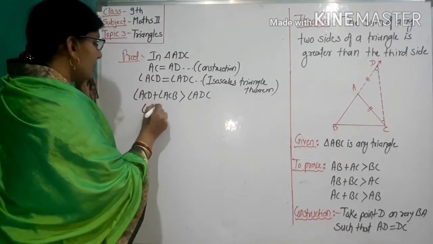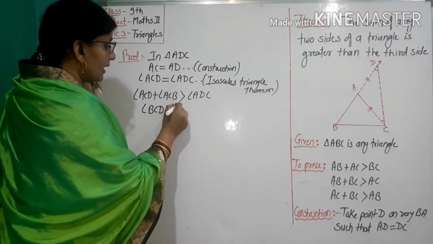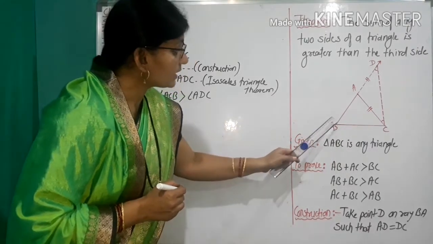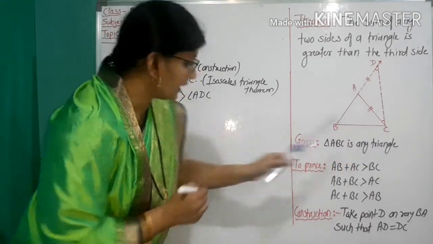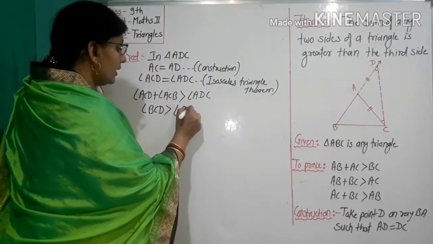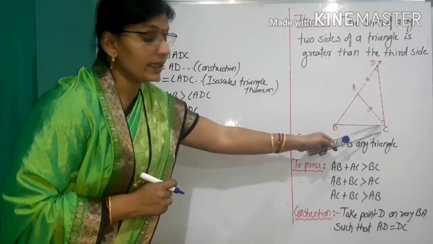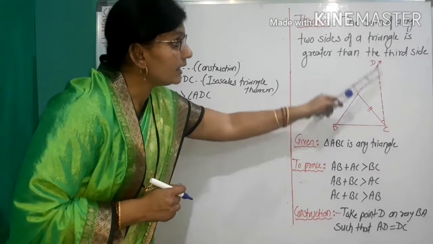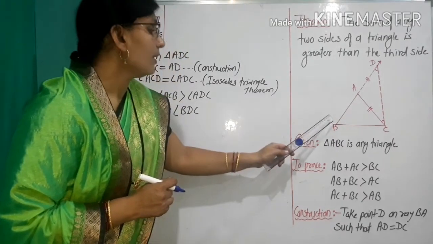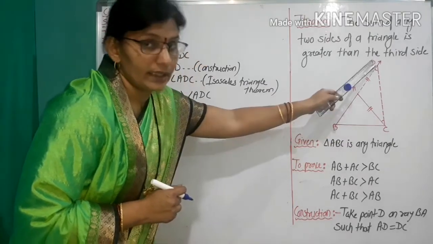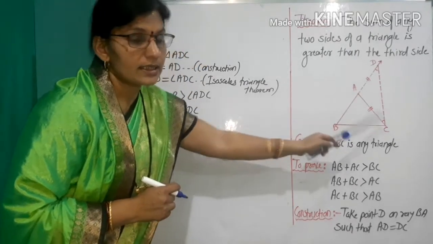So angle BCD is greater than angle ADC, which means angle BDC. So here I write down BDC. So in triangle BDC, angle BCD is greater than angle BDC.